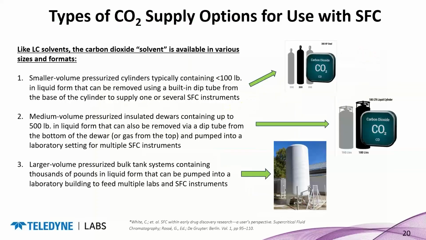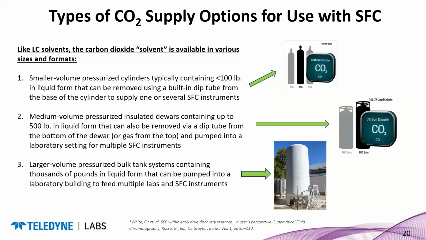So, types of CO2 available. Obviously, you can't go to your closet and pull out a 4-liter bottle of liquid CO2. Commercially, you can buy these higher pressure cylinders shown at the top. They're generally smaller volume, and depending on how much SFC you want to do, you may likely have several of those in your laboratory adjacent to where your instrument is set.